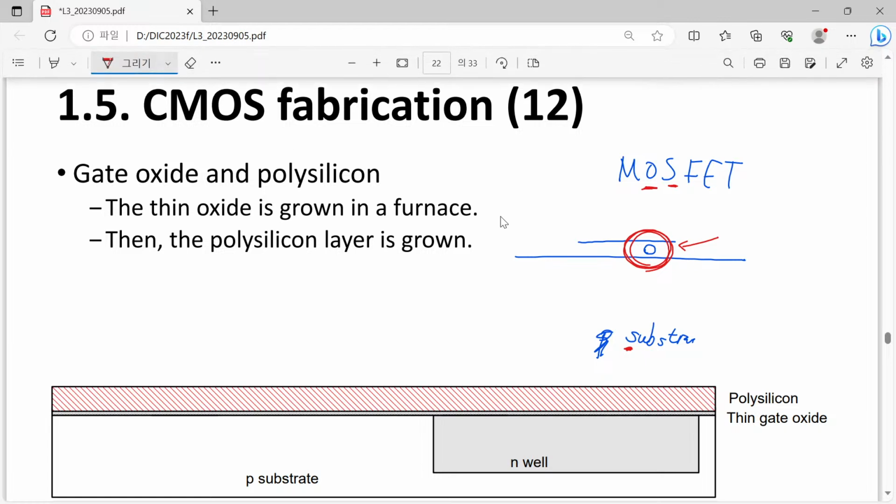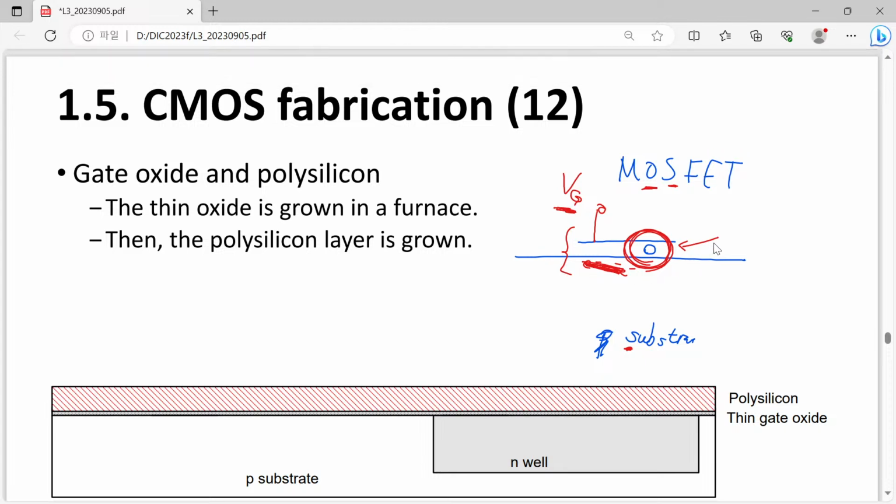What you do is apply a certain gate voltage, and depending on this gate voltage, you collect electrons beneath this oxide layer, or remove these electrons. If we don't have high quality oxide here, then this MOS operation doesn't play a role. So it is quite important to have a high quality oxide in this step.